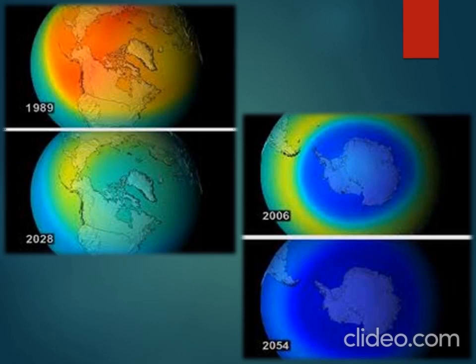Now, what are the effects of ozone layer depletion? It causes cancer, it affects our eyesight, causing dimming of eyesight, photo burning, and cataract in the eyes. Next, it lowers the body's immune system.